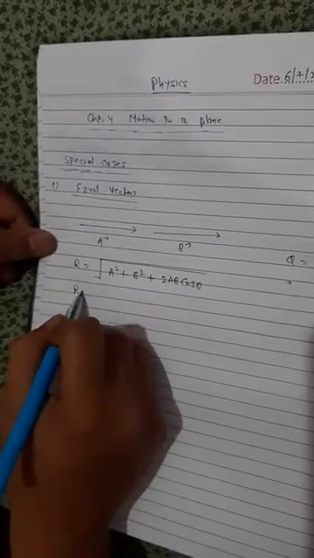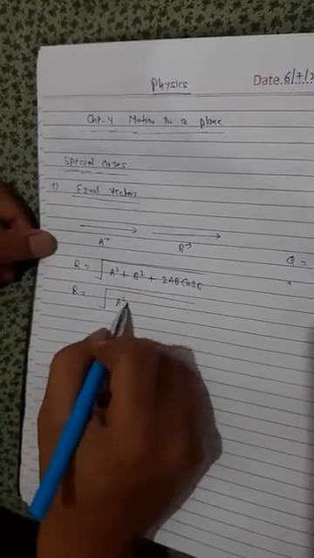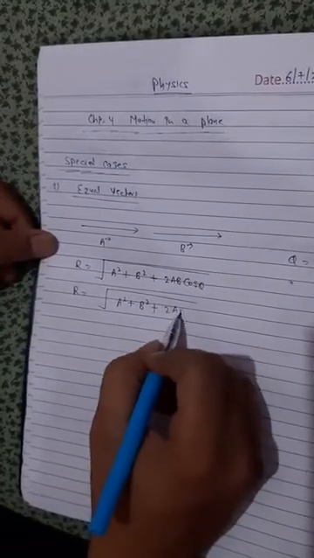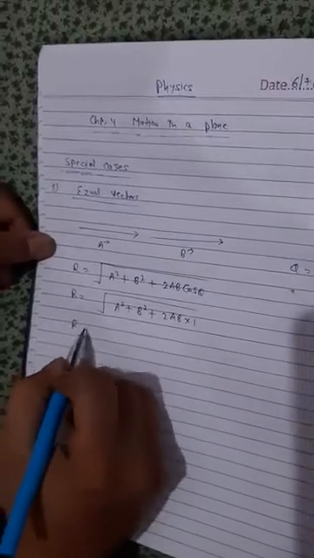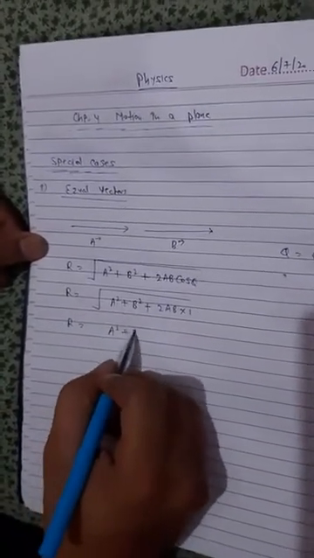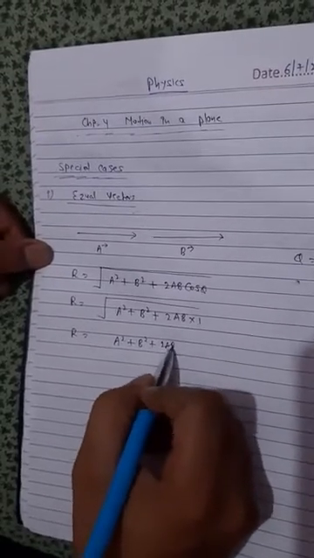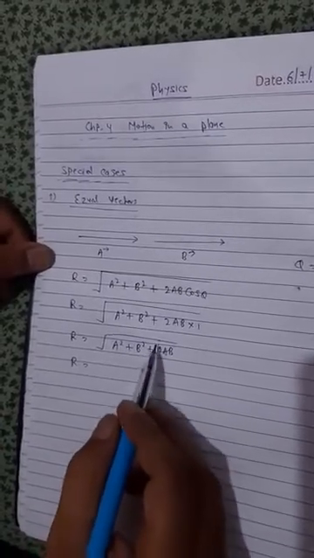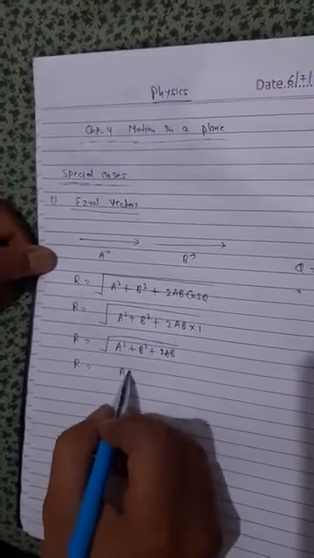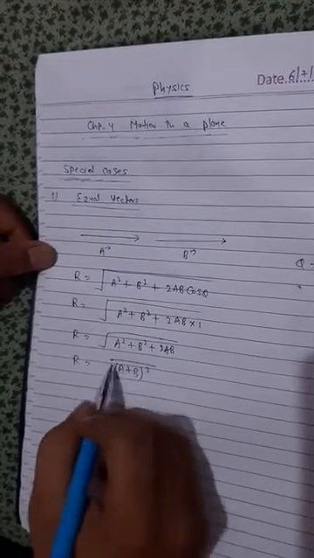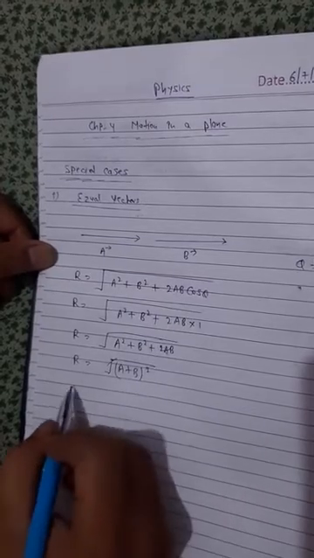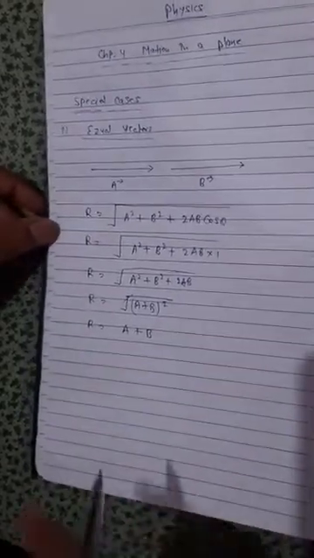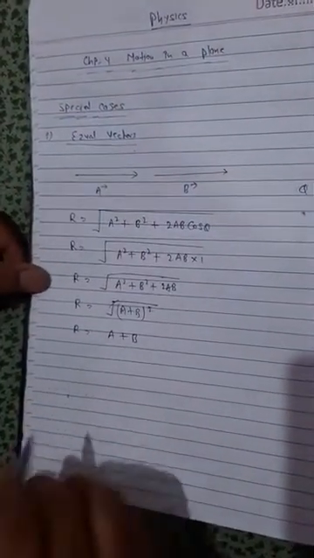And we know cos 0 degree is 1, so after putting in the value, you notice that it forms the formula of (a plus b) whole square. So square and under root cancel out and your answer is a plus b. So if you have equal vectors, then the resultant will be a plus b.